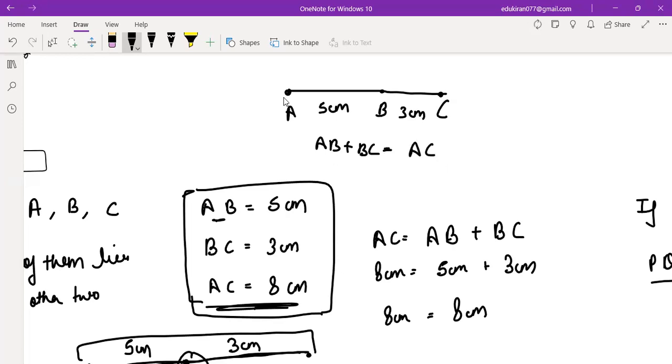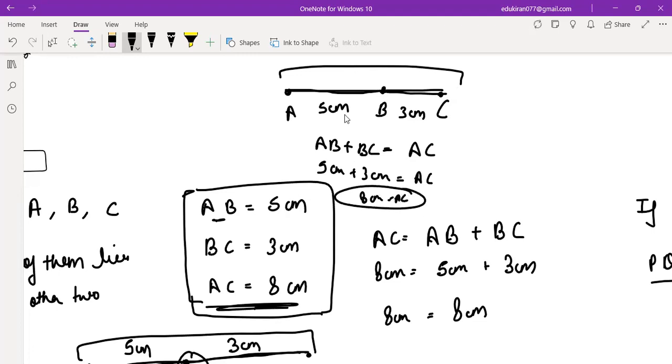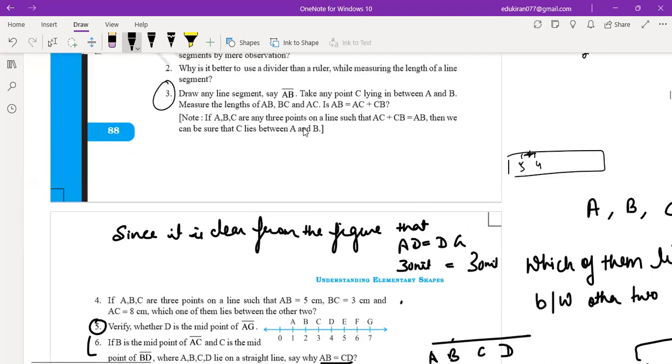If you add AB and BC together, you will get this AC. Yes or no? Yes, ma'am. So AB is 5 centimeter plus 3 centimeter equals AC. So it became 8 centimeter. So they are asking you whether they are equal or not.